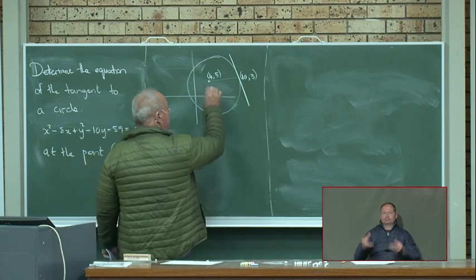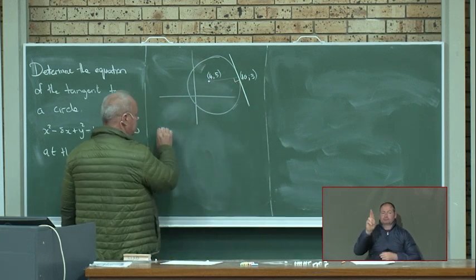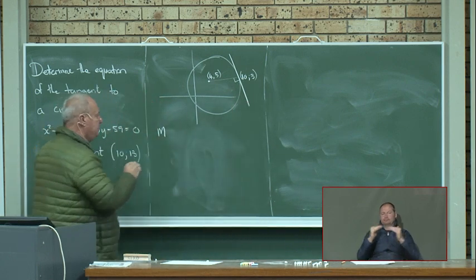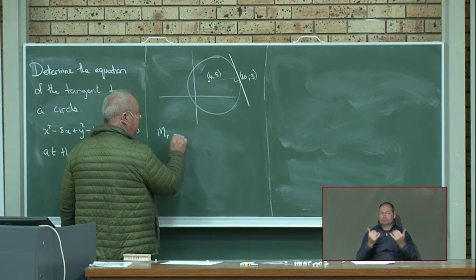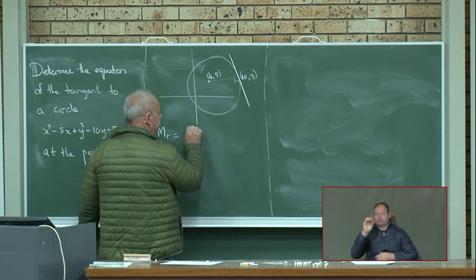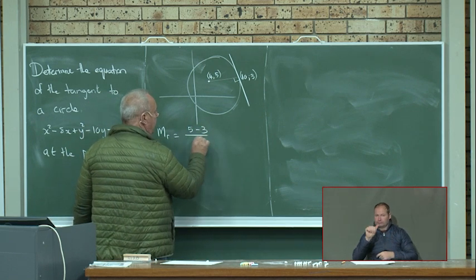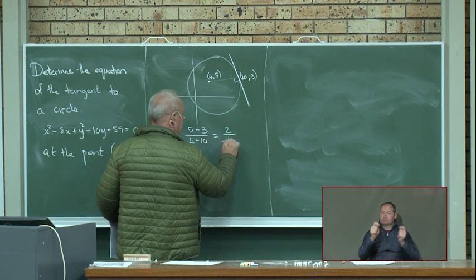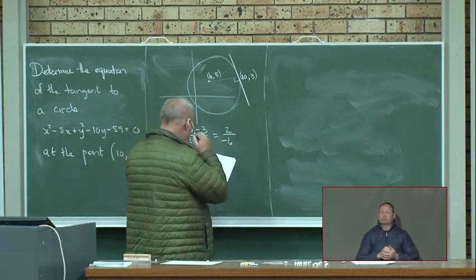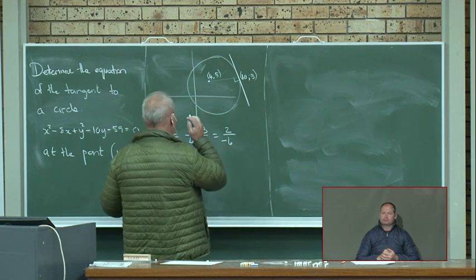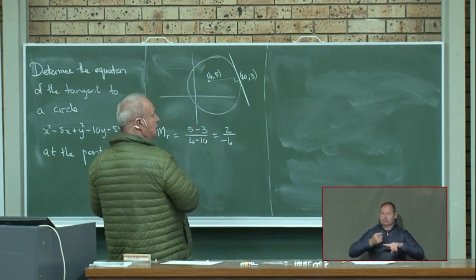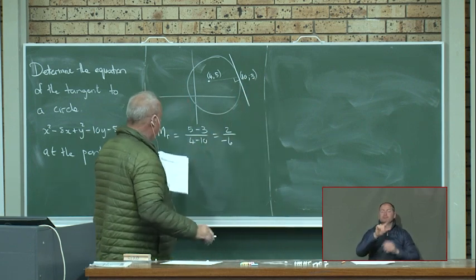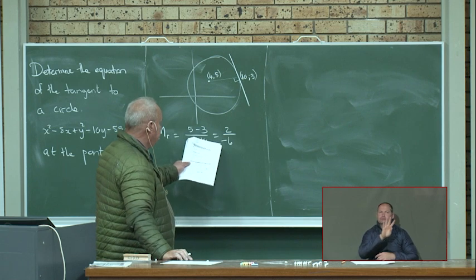The equation. We know the radius is perpendicular to a tangent. So in order for me to find the equation of the tangent, I'm first of all going to work out the gradient of the radius. And the gradient of the radius is change in y over change in x. So in this case, it is 5 minus 3 is 2, and 4 minus 10 is equal to negative 6.